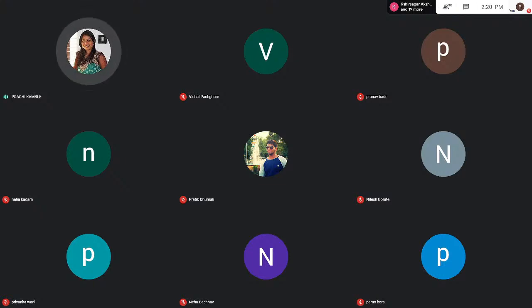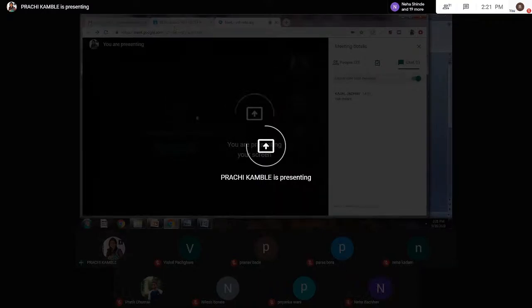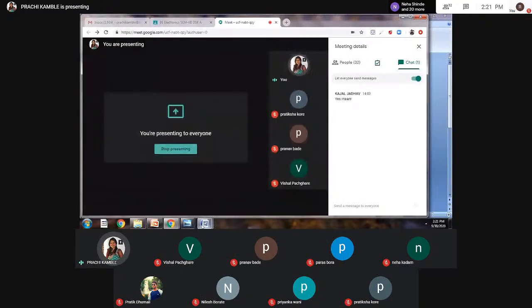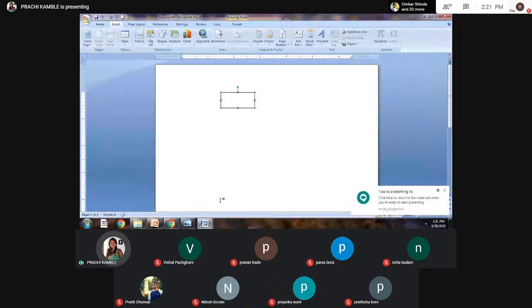I am drawing the diagram in a Word file, so let me know whether it is visible to you all or not. Can you see this? Yes, ma'am. Okay.